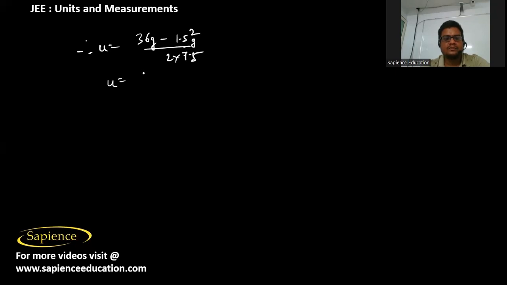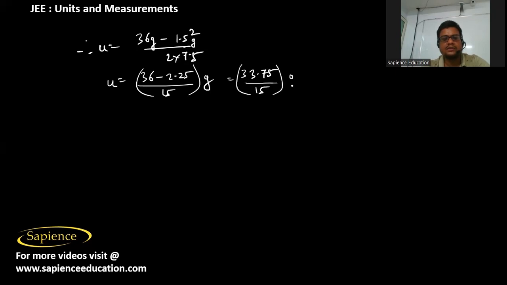So therefore u will be equal to 36 minus 2.25 by 2, divided by 15, into g, which is equal to 33.75 by 15 into g. So this is 2.25 g, u equals 2.25 g.